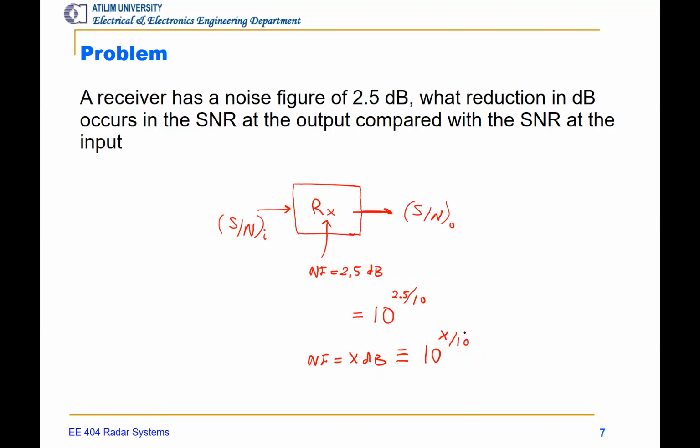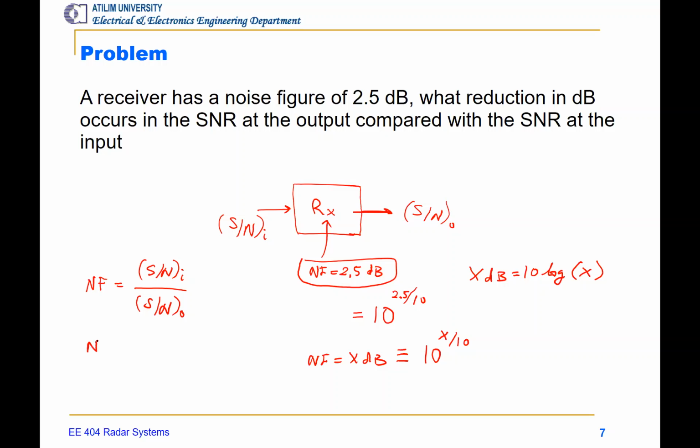Okay? And X dB can also be calculated from x as 10 log x. If x is given as a ratio, a number, then x in dB can be written as 10 log x. Now here the noise figure is 2.5 dB, and the formula was S over Ni divided by S over No. This is given for ratio, not dB.